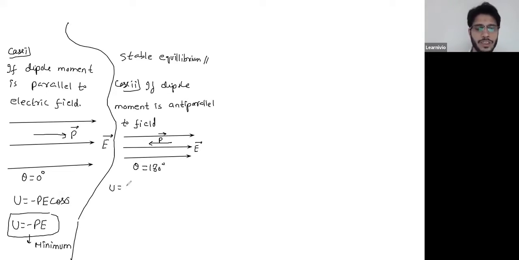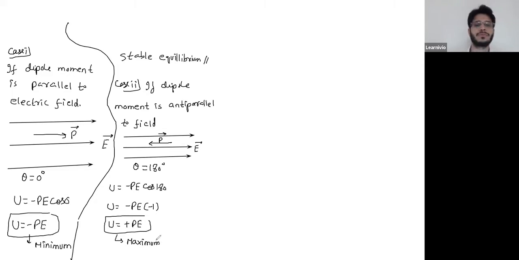So if we calculate potential energy, it comes out to be minus of PE cos 180. Cos 180 is minus 1. So potential energy comes out to be plus PE. So you can say that your potential energy is maximum. And when your potential energy is maximum, this is the case of unstable equilibrium.